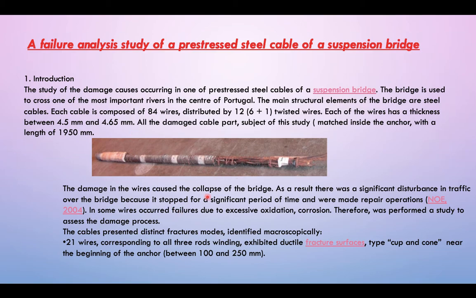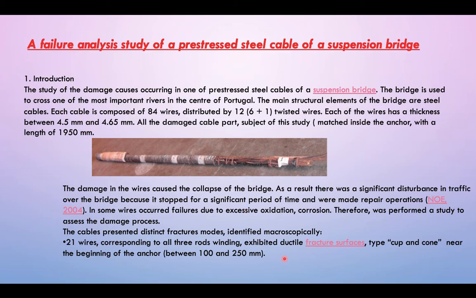The wires were damaged as a result of significant traffic over the bridge, which stopped for a significant period of time. Some wires failed due to excessive oxidation and corrosion, which was the preferred path of the damage process.